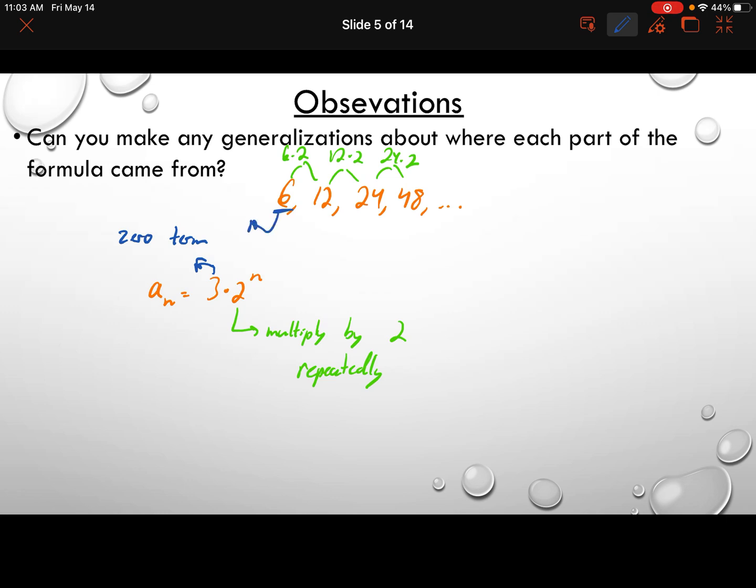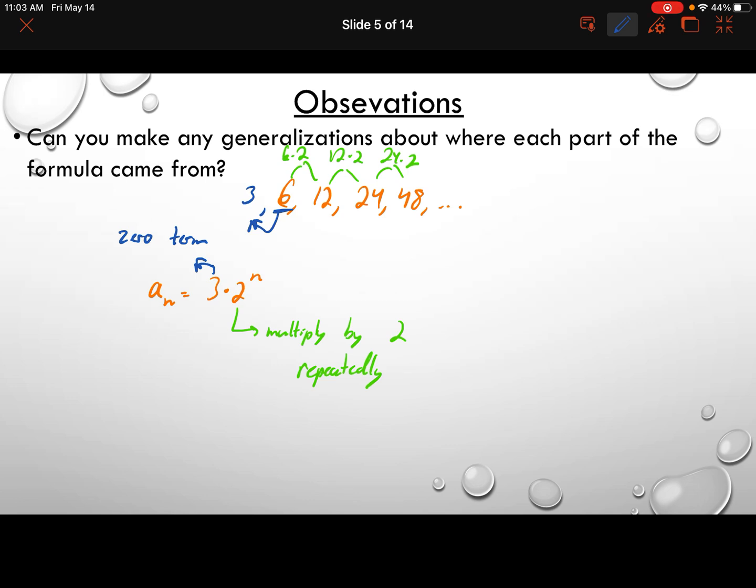Well, what about if we wanted to know the number before 6? Well, instead of multiplying by 2, we would do the reverse, which is division by 2. So the 0 term, quote unquote, would be 3, right? If you went backwards and divided by 2, you would get 3 as your 0 term. So that is where that 3 comes from, okay?